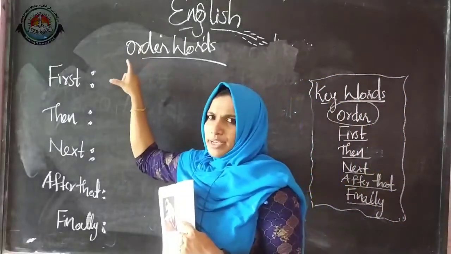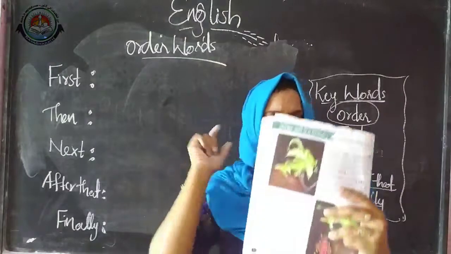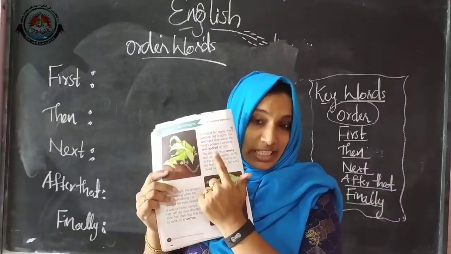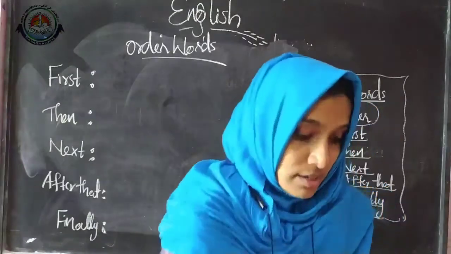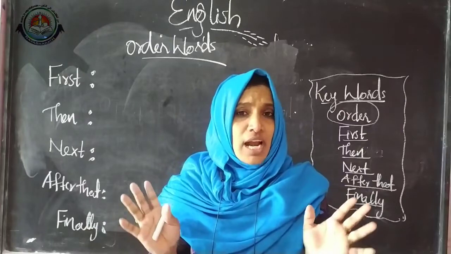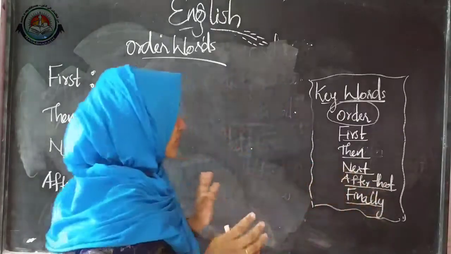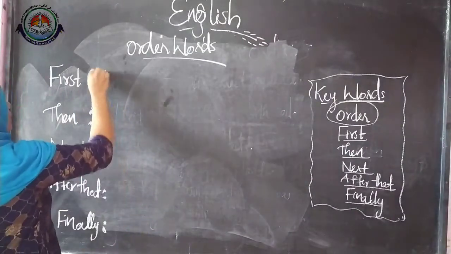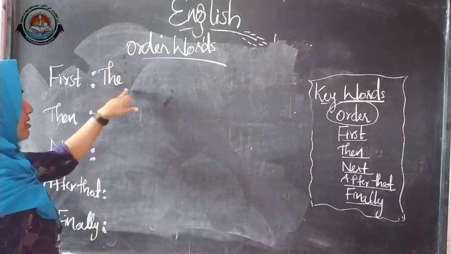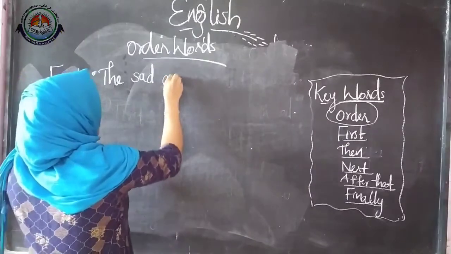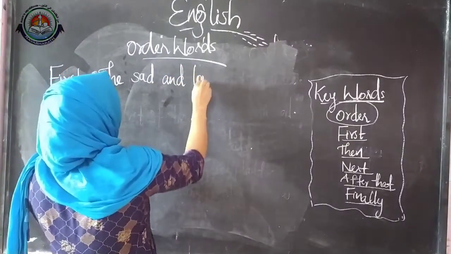So what will happen first? What happened first here in the story? Yes, look at this picture. Here in the first part, we can see a lonely and sad dragon who is living in the king's palace, right? So first we can write like: the sad and lonely dragon.